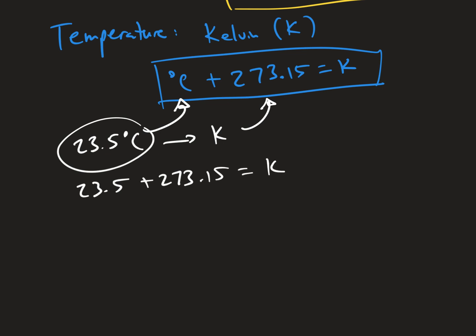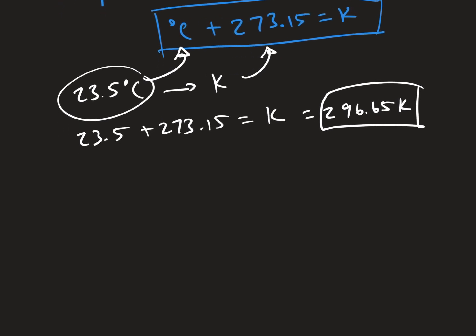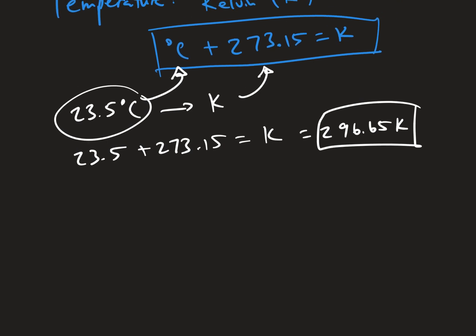And that's going to give us our temperature in Kelvin, which is 296.65 Kelvin. And remember, it's not degrees Kelvin, it's just Kelvin. Good? We okay with those? Can you go the other way? Right, we'll just have to subtract 273.15 from both sides, and you got it, right?